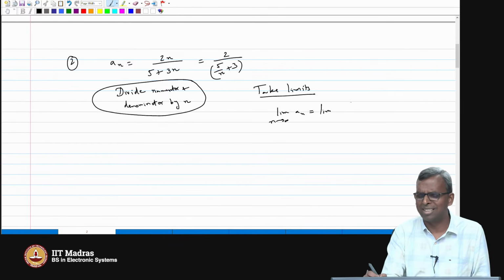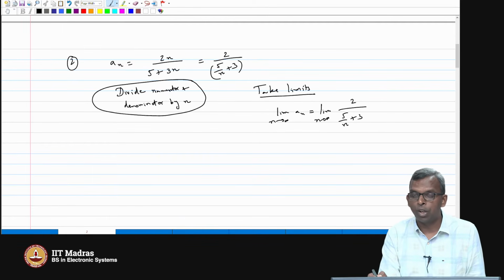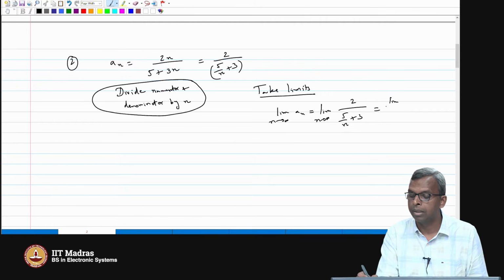So let me write the steps in detail for you. I have a numerator and denominator division, and the limit distributes over division. So it's going to be the limit as n tending to infinity of 2 divided by the limit as n tending to infinity of 5 by n plus 3.